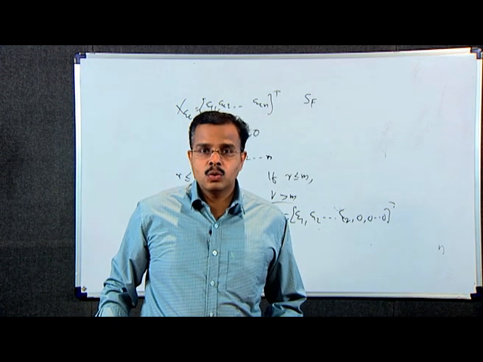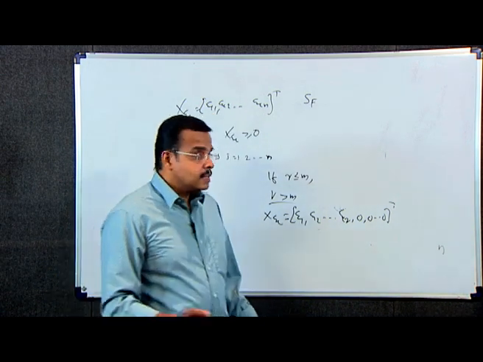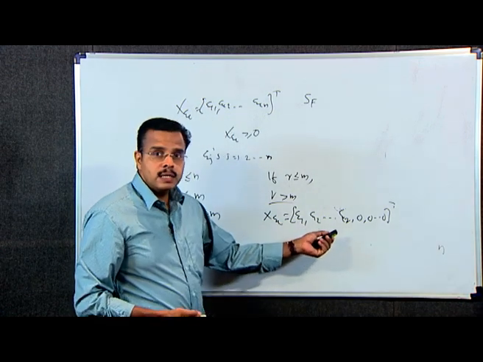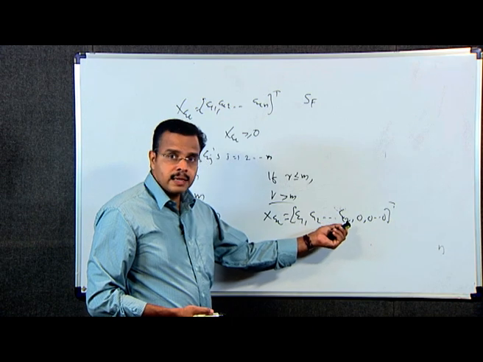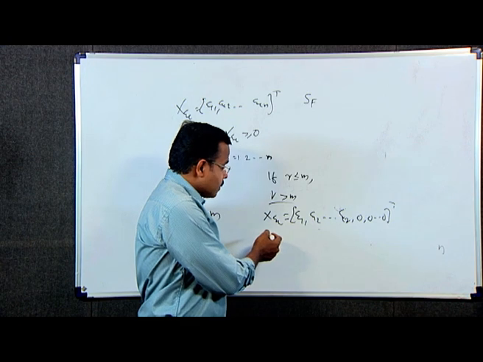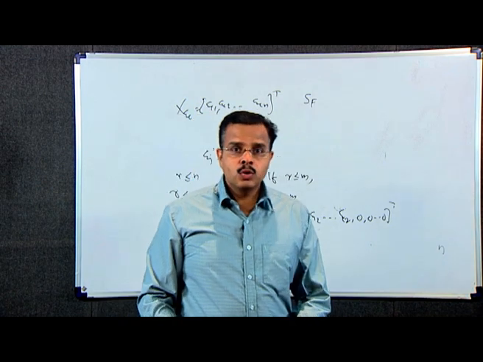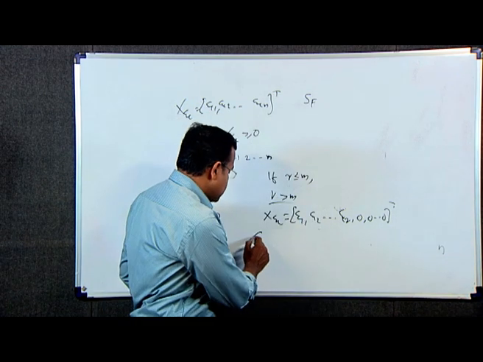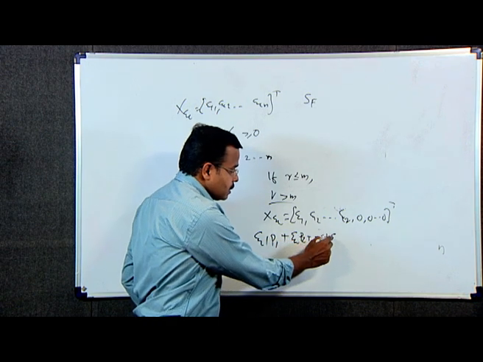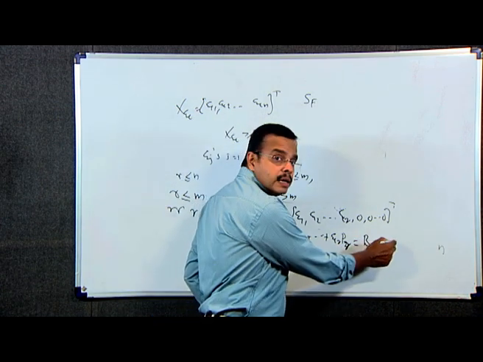Since x psi is solution of Ax equal to b, we have psi 1 into P1 plus psi 2 into P2 etc. plus psi r into Pr, that is equal to b. Let it be equation number 1.